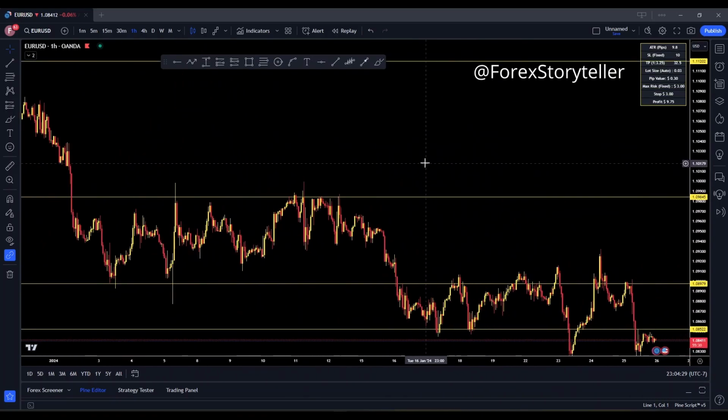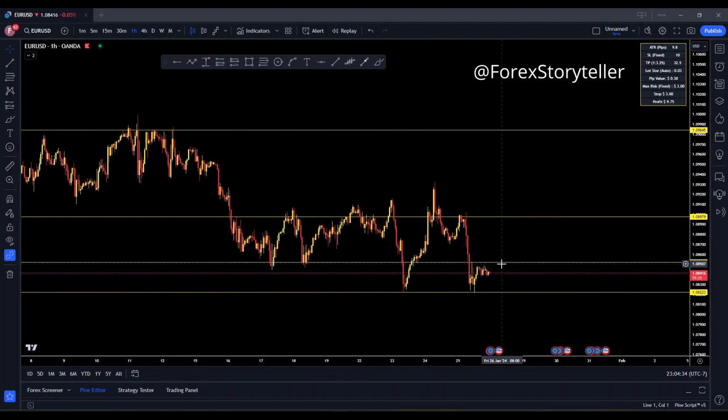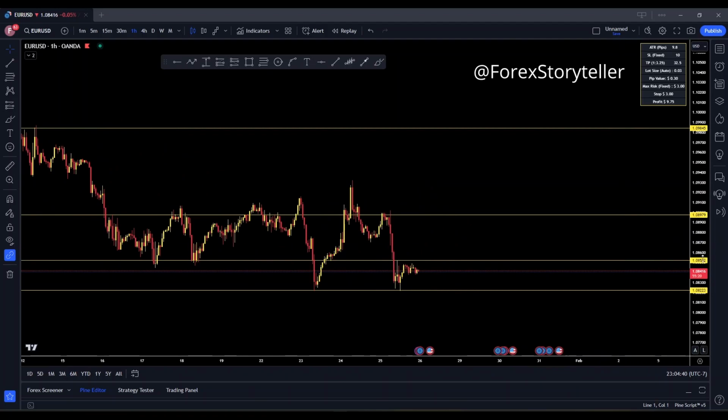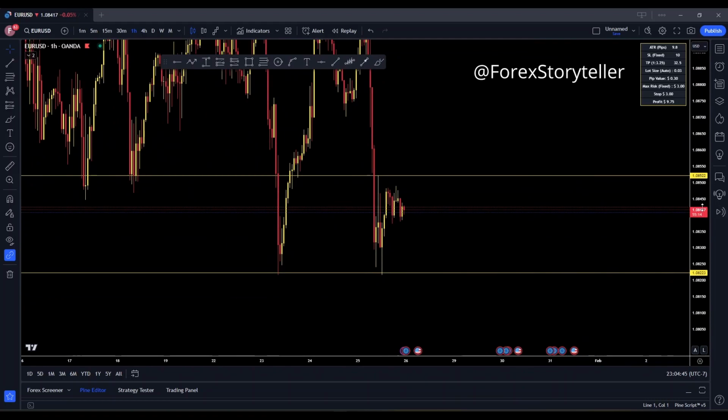On average, if we're looking at just one simple pip of movement on the Euro USD, that's going to be from 108.416 to 108.426. That would be one pip. And on average, I believe it takes 1 million in actual currency exchange order to actually move the price one pip.